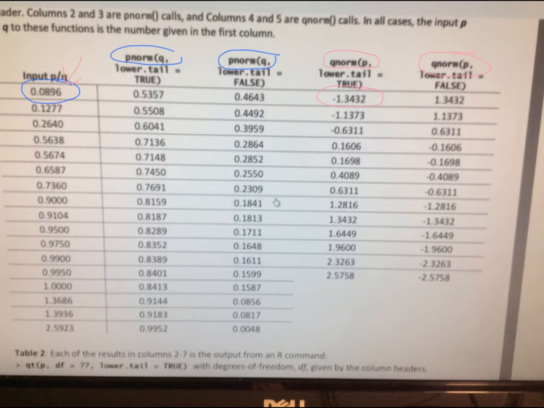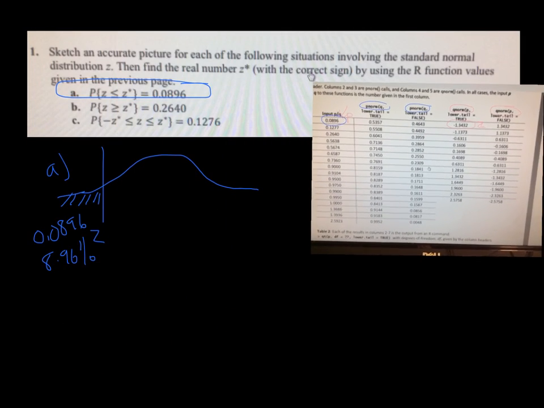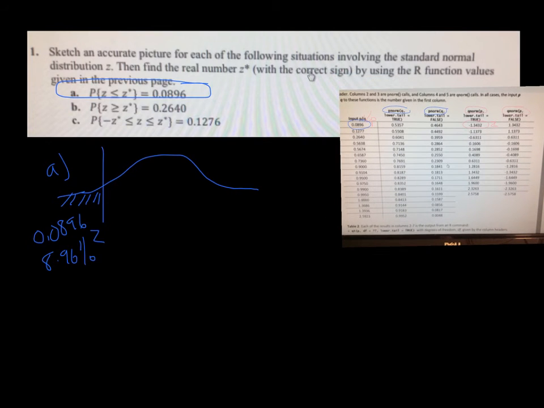According to my calculations, the way that I would do it, that is true. A Z value of negative 1.3432 would give me a probability of 0.0896. So I think that's what they're looking for. That's my best guess. Anyway, let's set that aside for a minute, and we'll use it again if we need to.